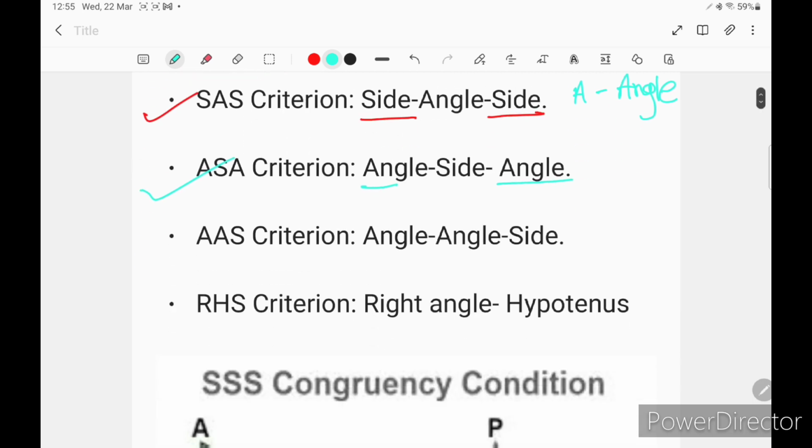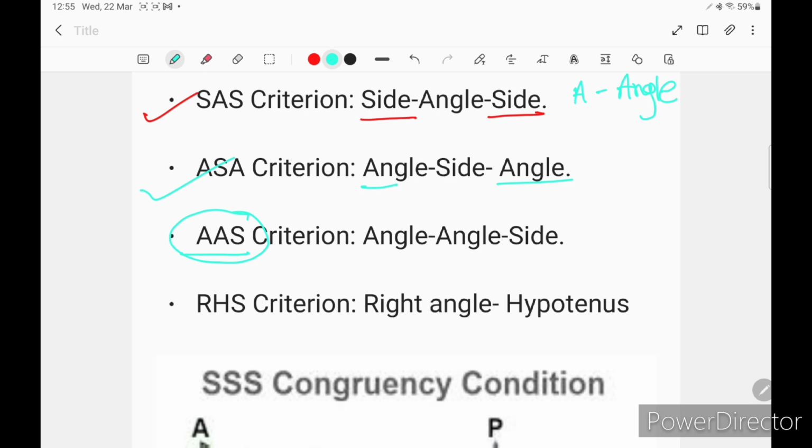Our next criteria for the congruence of triangle is AAS. It is clear that A is for angle, two angles and one side. If two angles and one side of two triangles are equal to each other, then the triangles are congruent to each other by AAS criteria.